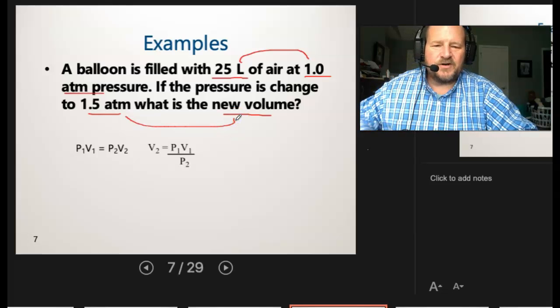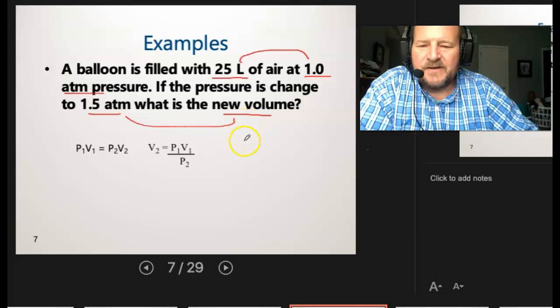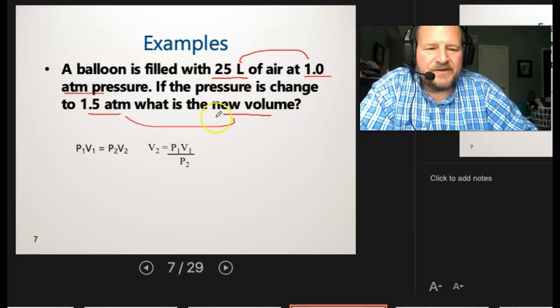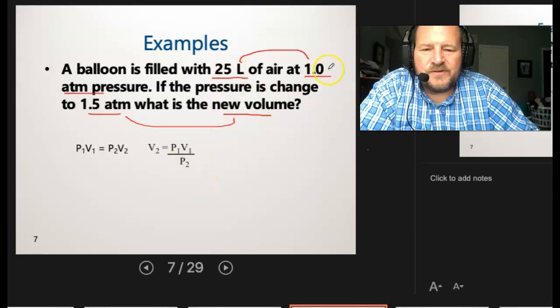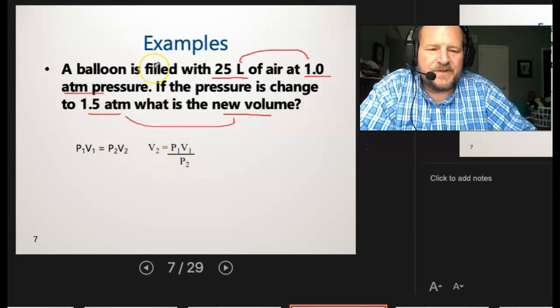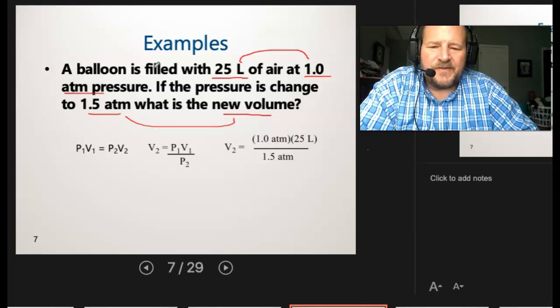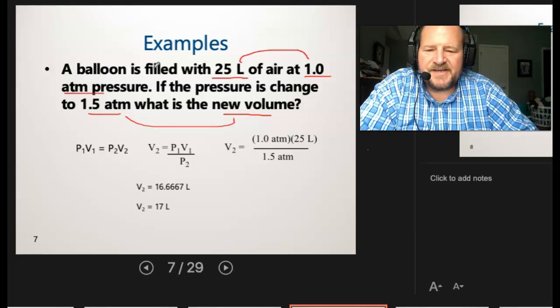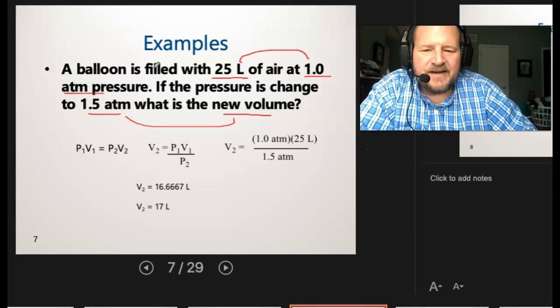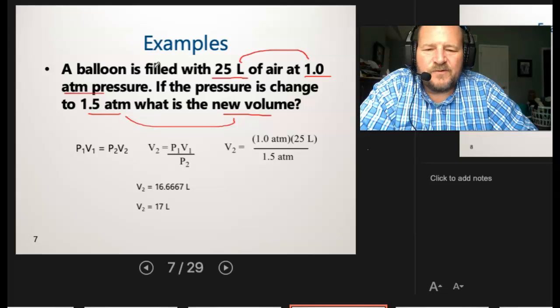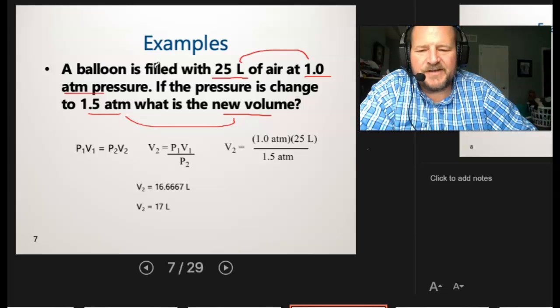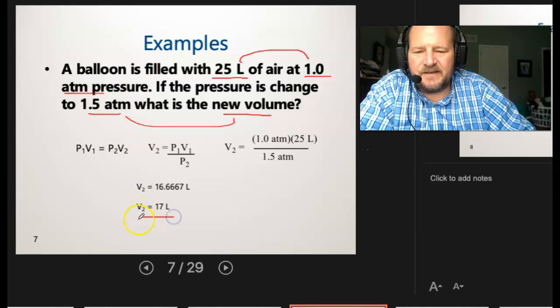So here I'm going to let 25 liters be V1, which means the 1 atmosphere has to be P1 and my 1.5 atmospheres is going to be P2. I'm going to run that through my calculator. I'm going to get 16.6 repeating and 7 at the end. And of course, I'm going to apply my sig figs. Since I only get 2 sig figs, my final answer has to be 17 liters.